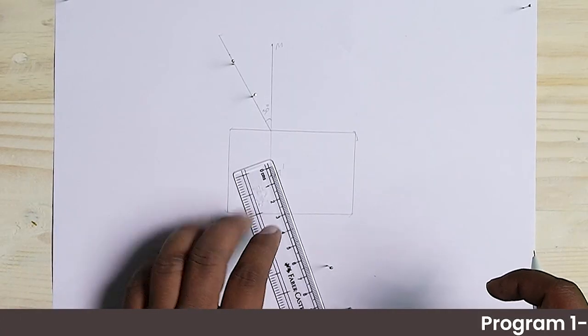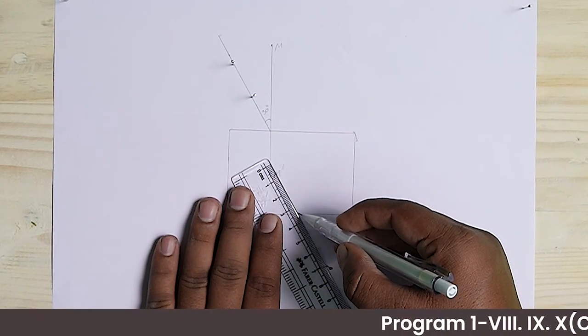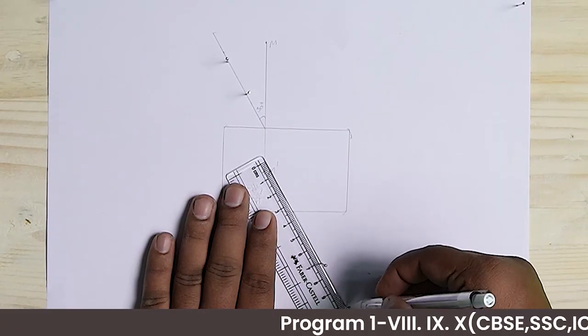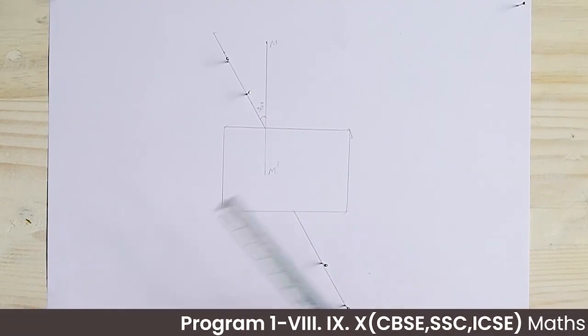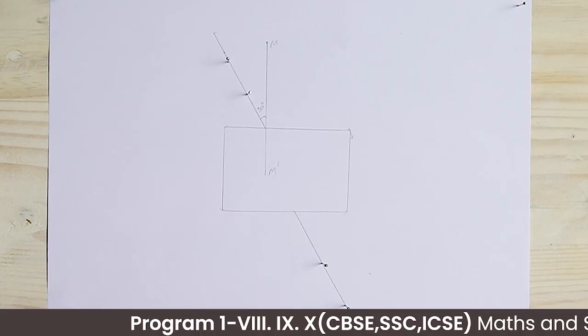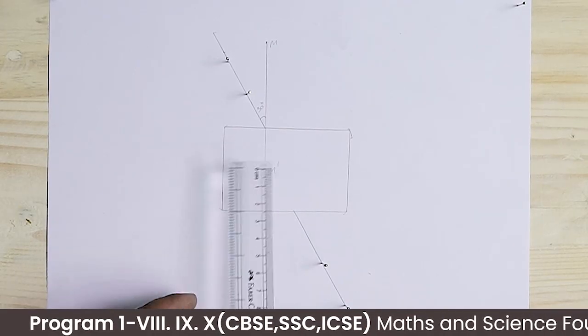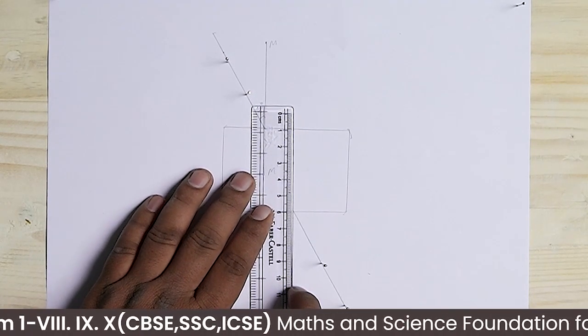Draw a line through these pins connecting to the rectangle drawn around the glass slab. Now draw the normal to the frame of the glass slab.